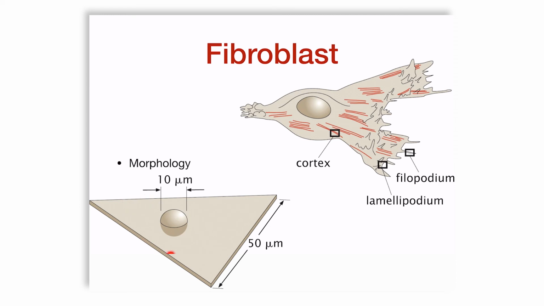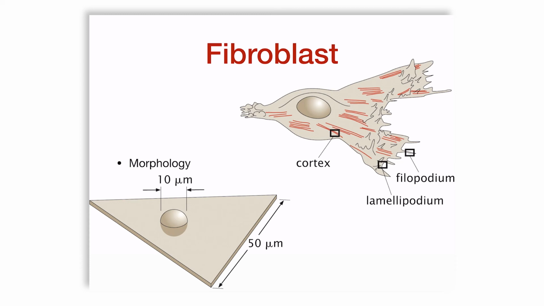So you can approximate it as a two-dimensional structure that has a bulging nucleus in the middle with a diameter of 10 microns, and one side of this triangle is 50 microns.